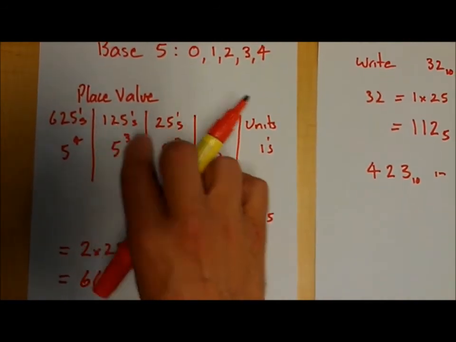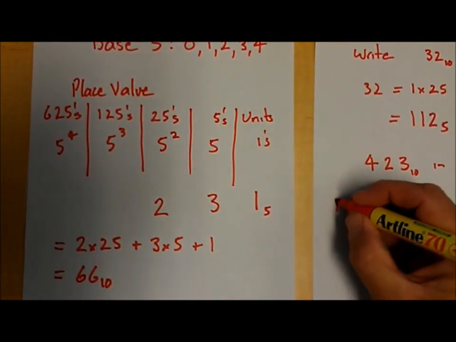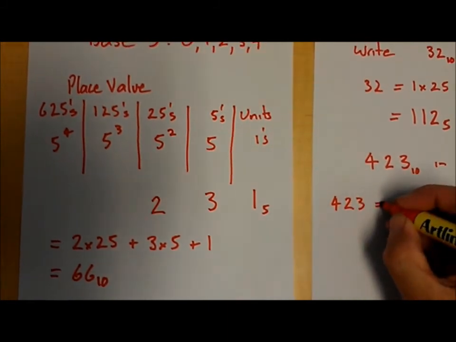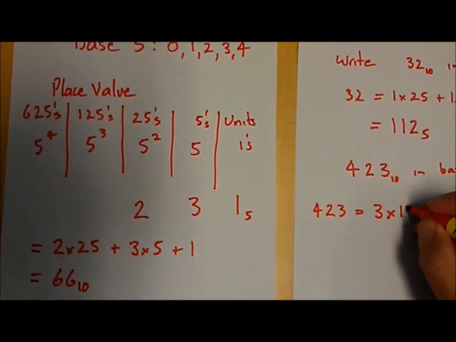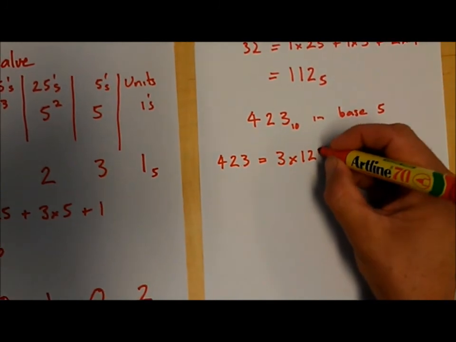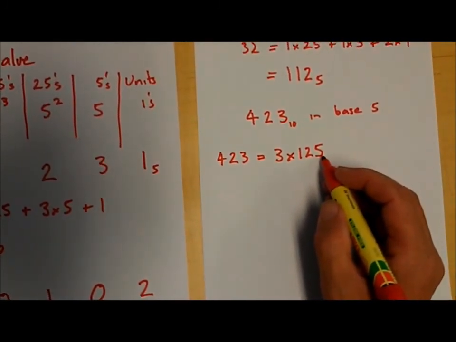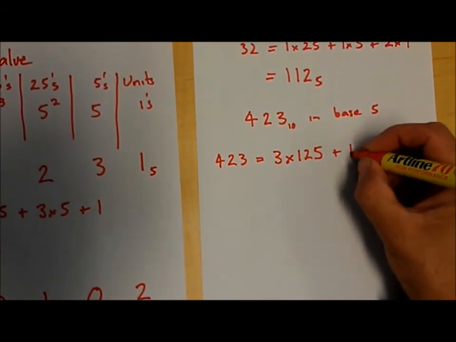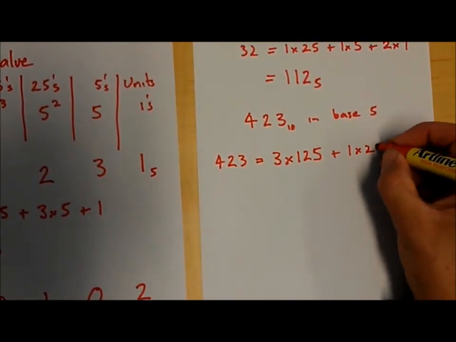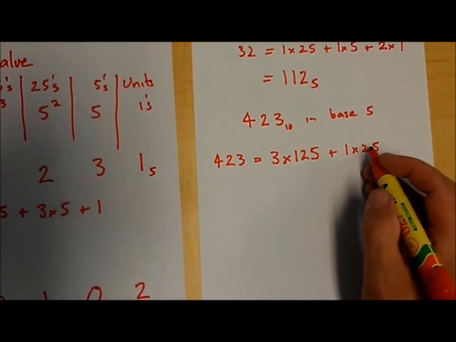So I'm going to come over this column, 125. So I need to see how many 125s in that. So 423. Now 3 lots of 125, that's 375. So I know then that I need another 1 lot of 25, and that takes it up to 400. So I'm adding up as I go.